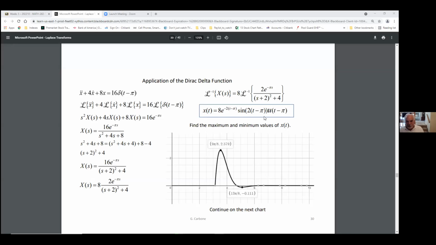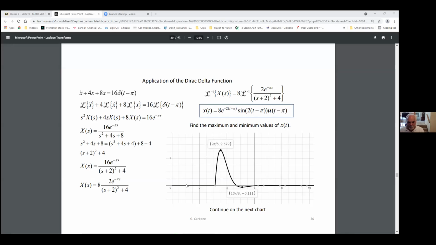And so here's the answer. This is what's in my notes. We can also find the minimum value. But what I want you to notice, I didn't want to draw it, but here's a graph of what it looks like. And it should make sense to you.